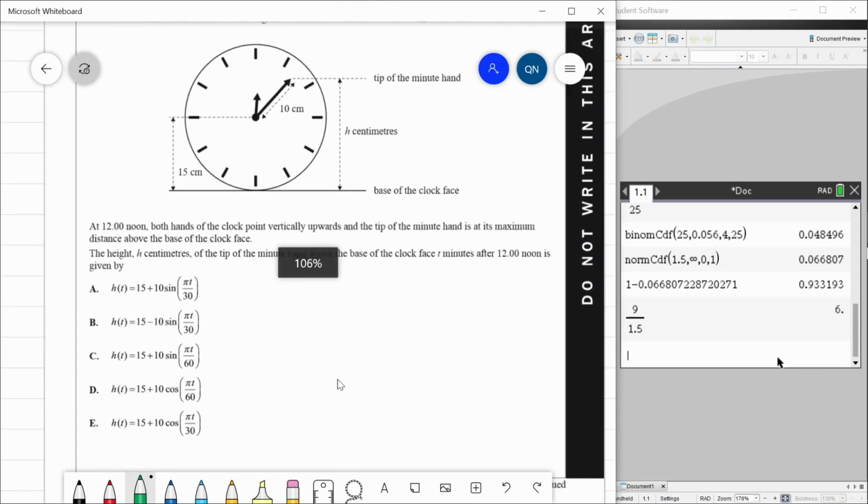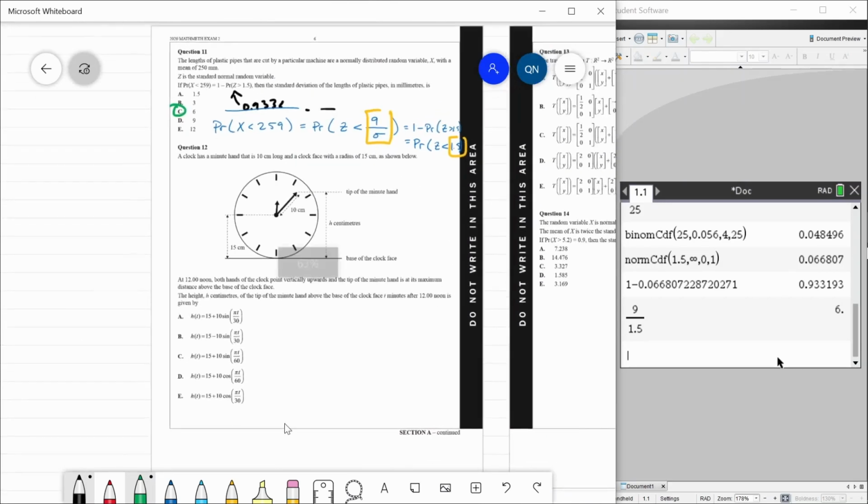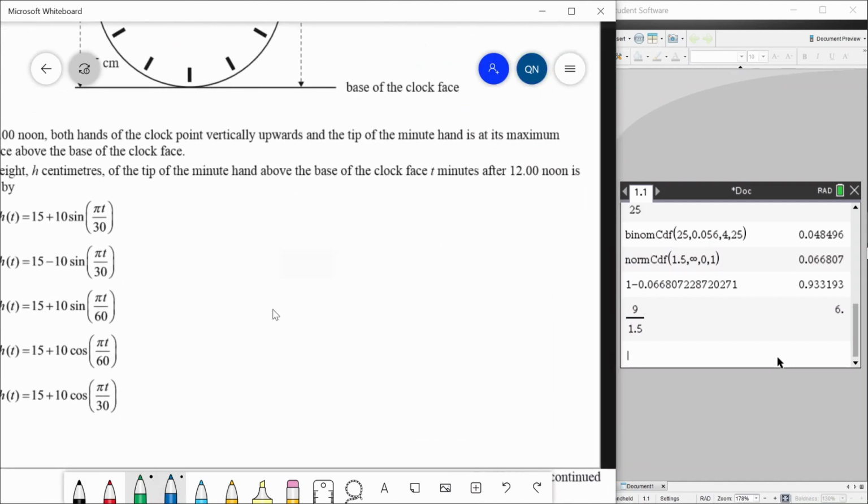So how do we get the period? Well, first of all, you would have learnt the formula period is equal to 2 pi divided by the n value. We want the period to be exactly 60 minutes. So this is equal to 2 pi divided by n. And if you do a bit of rearranging, you find that n is equal to pi over 30. So therefore, it has to be E.